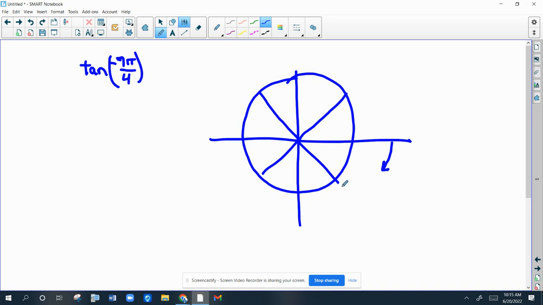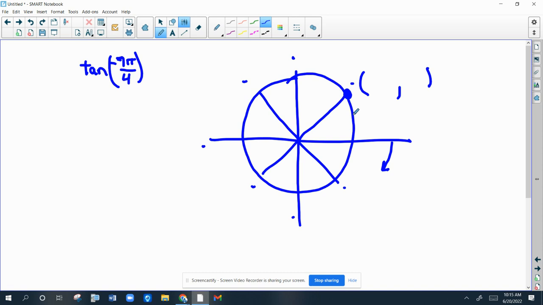So here's 1 pi over 4, 2, 3, 4, 5, 6, 7. So you can see tangent of negative 7 pi over 4 is the same thing as tangent of positive pi over 4. Those are coterminal angles, if you remember that.